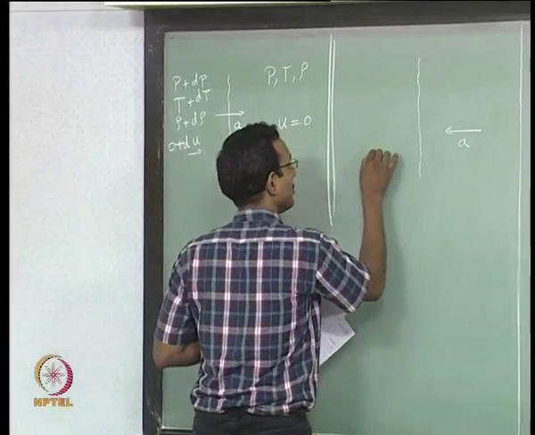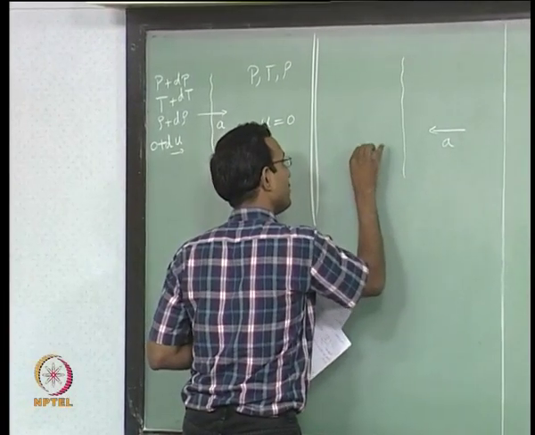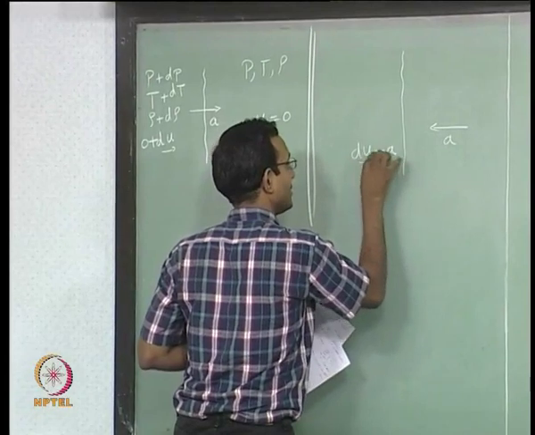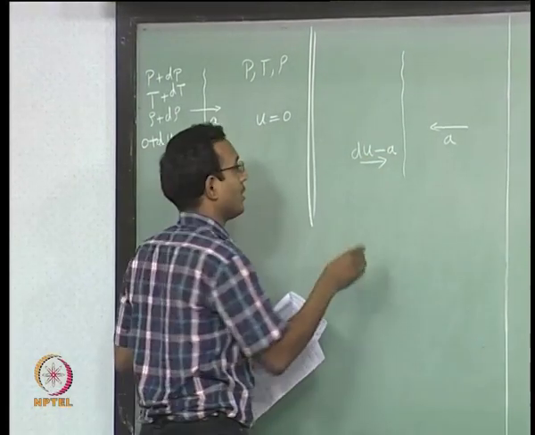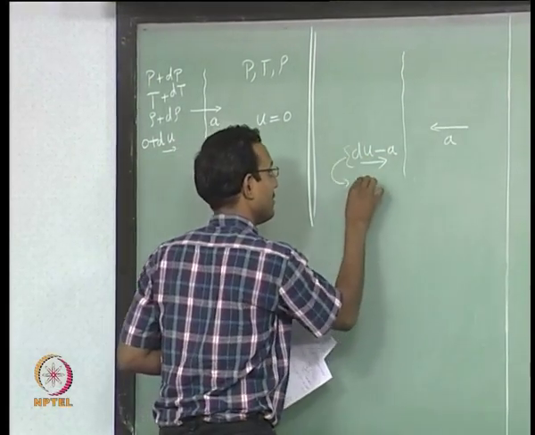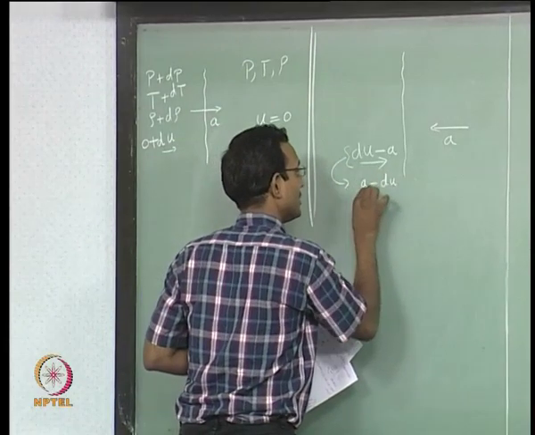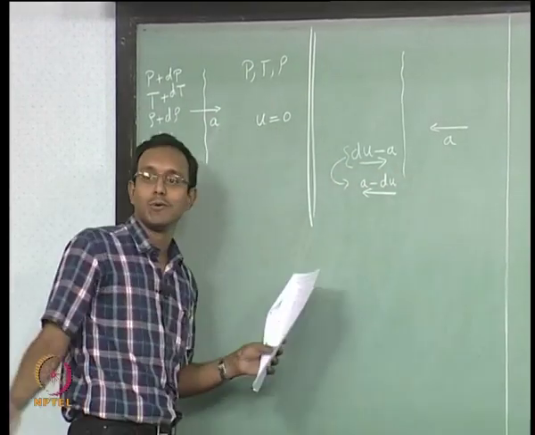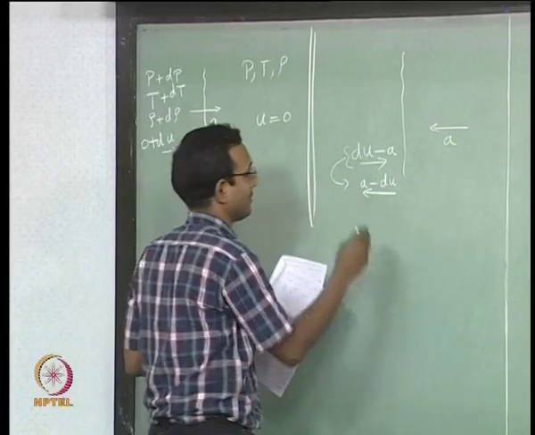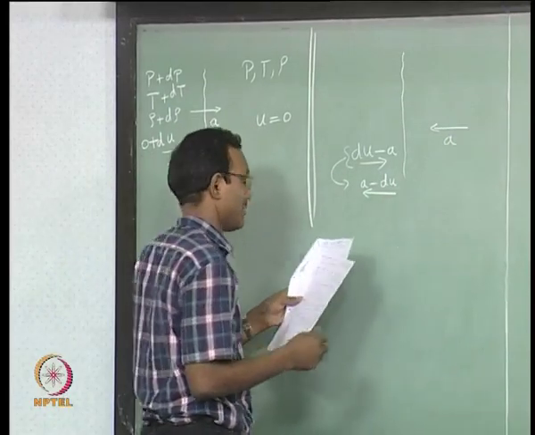So it is going to have du minus a velocity this way, or equivalently a minus du velocity this way, both are equivalent anyway. We will keep it this way, this is simple enough to explain things.